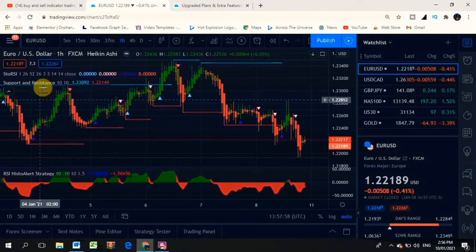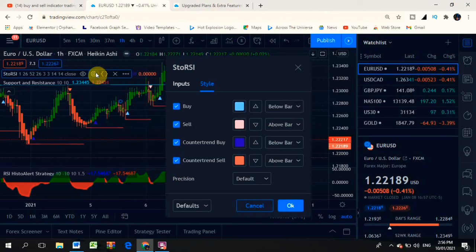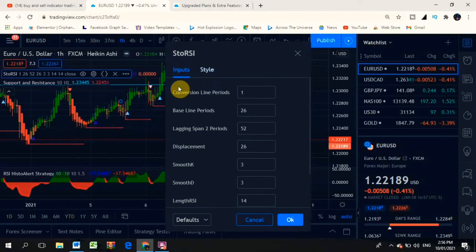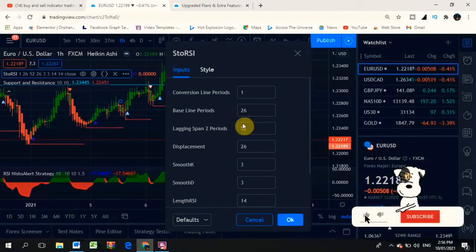Let's go to the final indicator. The final indicator is the STO-RSI, that means stochastic RSI. You go to the indicators again, go to the public library, then you search for STO-RSI. You see it there, then you add it.